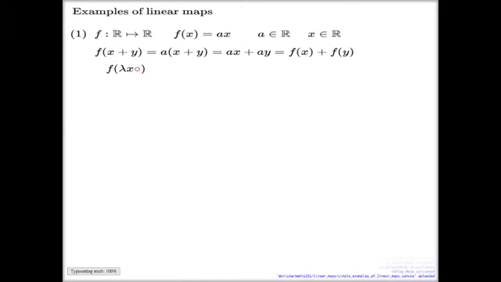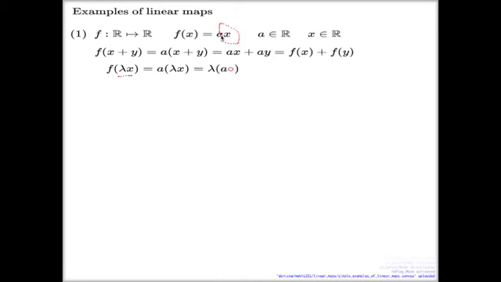Similarly, if I verify the second requirement for a linear map, I apply my f to a scaled vector, lambda x. This is the formula for my f. You see, I intentionally put the brackets in a way to emphasize the way we substitute. We substitute my vector lambda x in place of x here.